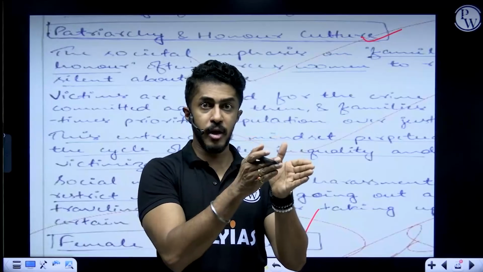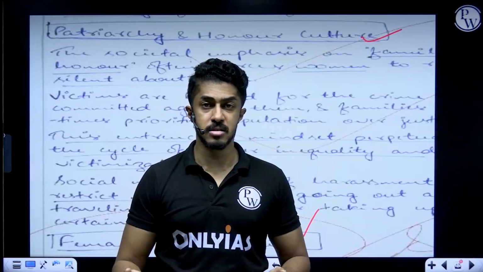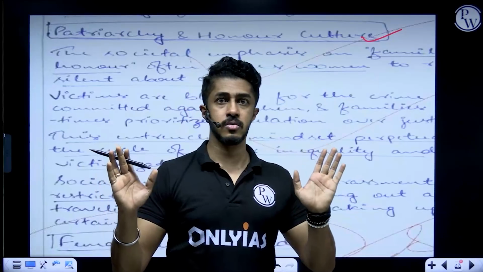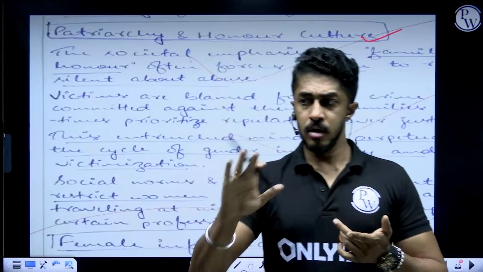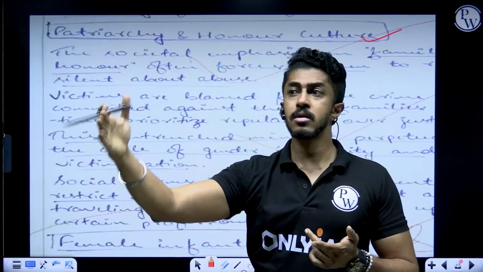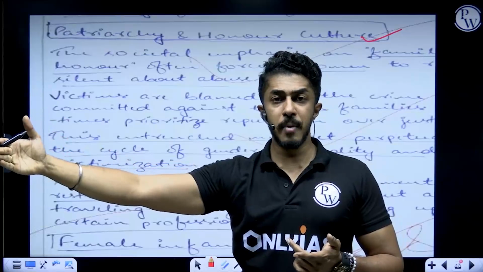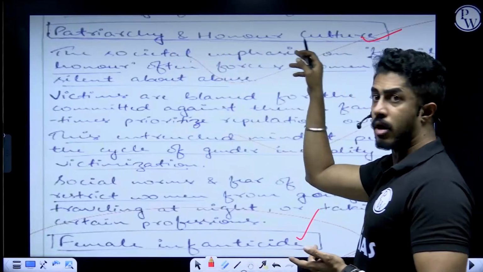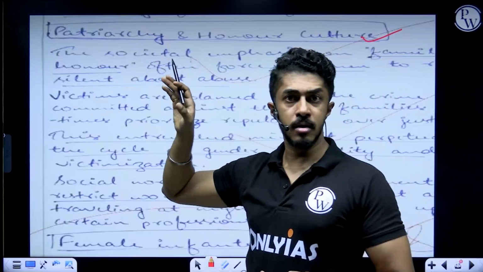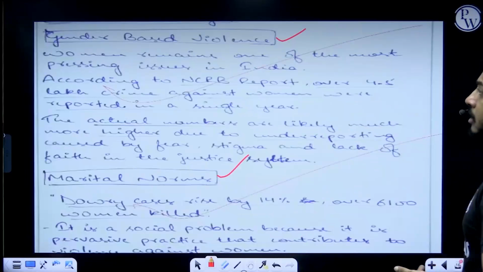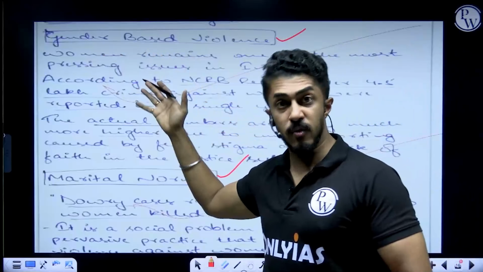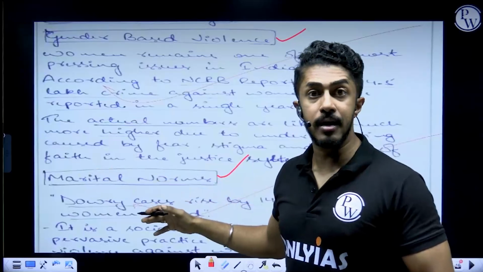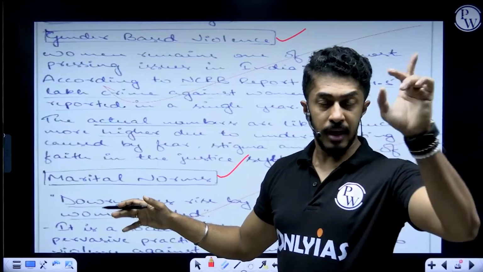That is the first point where gender discrimination starts. It's a girl. Then the next issue is whether the child should be put to school or not. That is where patriarchy and honor culture will kick in. Then it should have been gender-based violence, then marital norms.